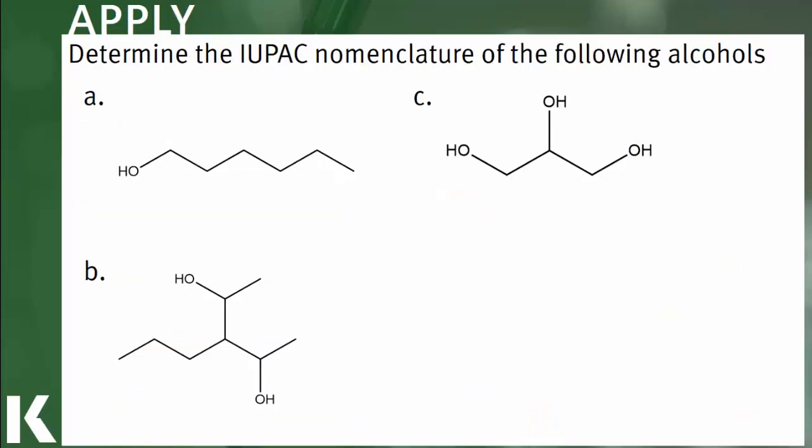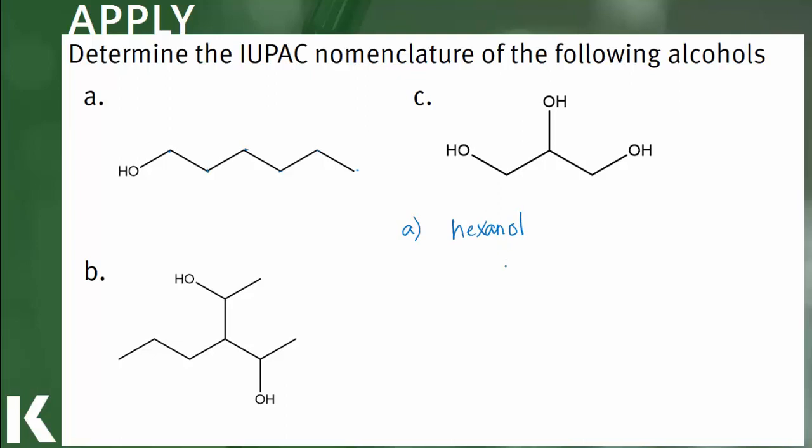Our apply question asks us to determine the IUPAC nomenclature of the following alcohols. Starting with the molecule on the top left under A, we notice first that there's only 1 hydroxy group on this molecule. Also note that there are 2, 3, 4, 5, 6 carbons, making this a hexanol.